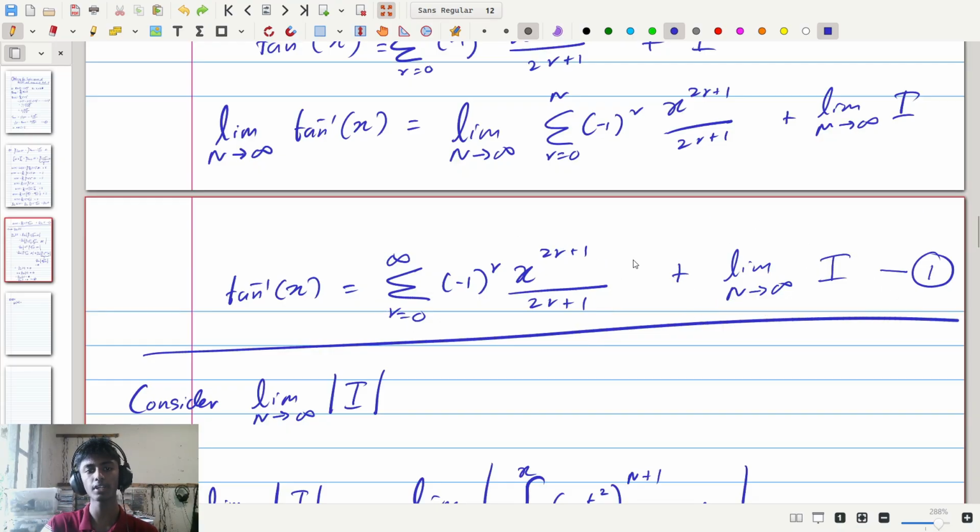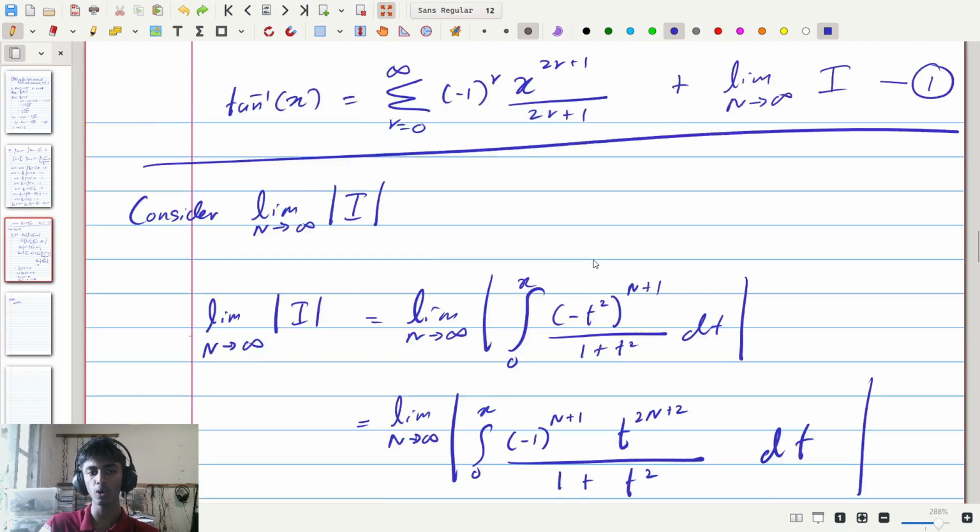So we can ignore it and consider only this sum. This is the sum from r equals 0 to infinity of negative 1 to the power of r times x to the power of 2r plus 1 divided by 2r plus 1.